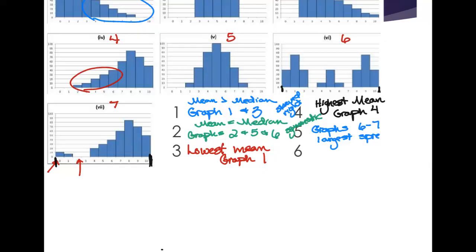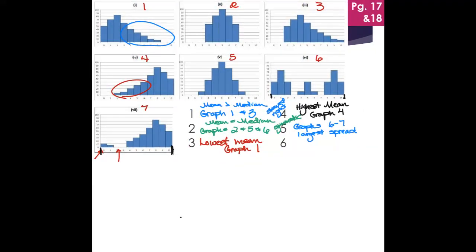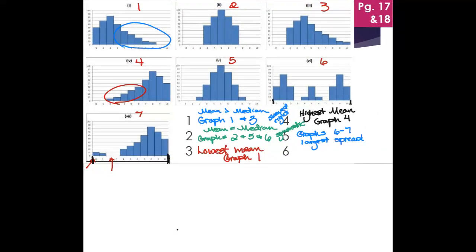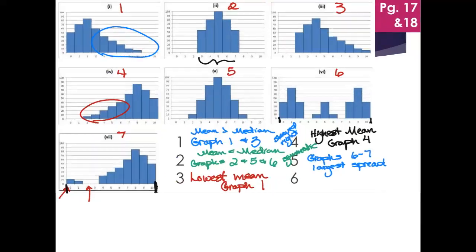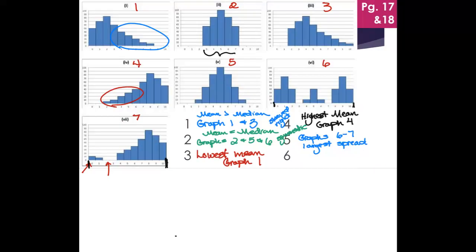And the last one. Which histogram appears to have the smallest spread? Definitely 2. Yes, that is all clumped together, right? Small spread, that only goes from 3 to 7.